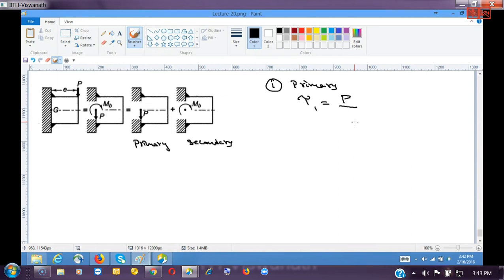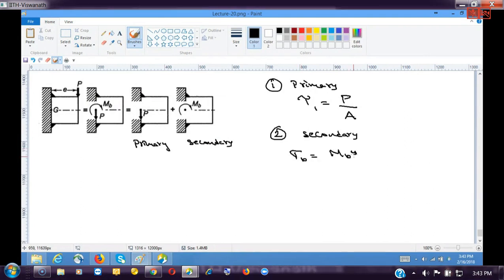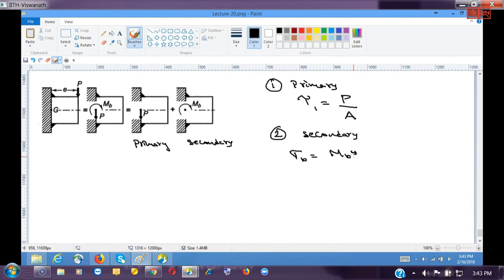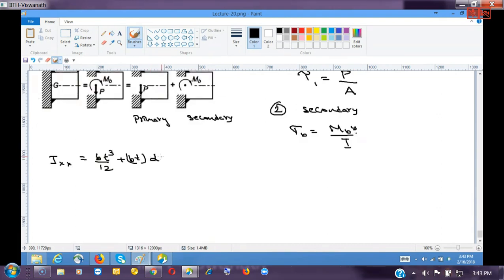So for our case, let's say Ixx for such a scenario where this is the cross section, then we can show that for this cross section of weld, Ixx is Bt cube by 12 plus Bt into (t by 2) whole square. This is the correction for the parallel axis theorem; since this is very small, it can be ignored, or it can be written as Bt d square by 4.